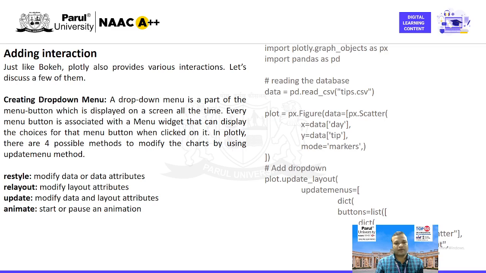A drop-down is a part of the menu button which is displayed on the screen all the time. Every menu button is associated with the menu widget that can display the choices for that menu button when clicked on it. In Plotly, there are four possible methods to modify the charts by using the update menu method.